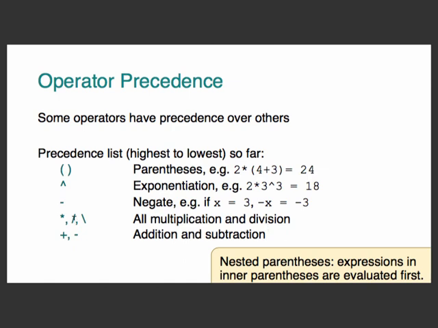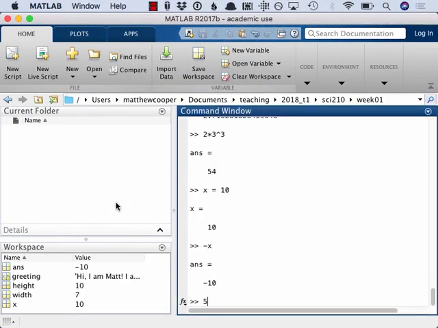Then your multiplication and division. Ignore backslash for now for division. Don't use it. It can be confusing. So I can go 5 divided by 3 to give me 1.6667, or I can go 3 backslash 5 like that.